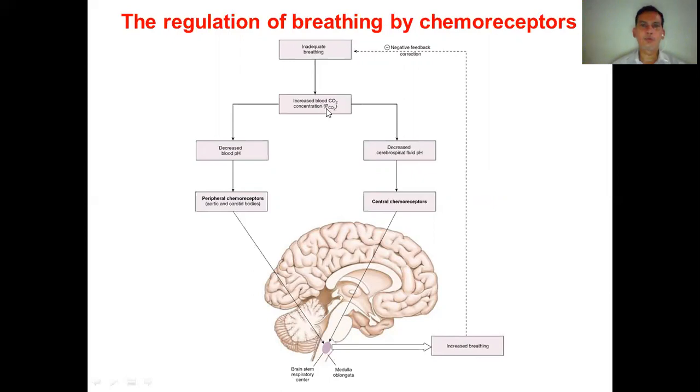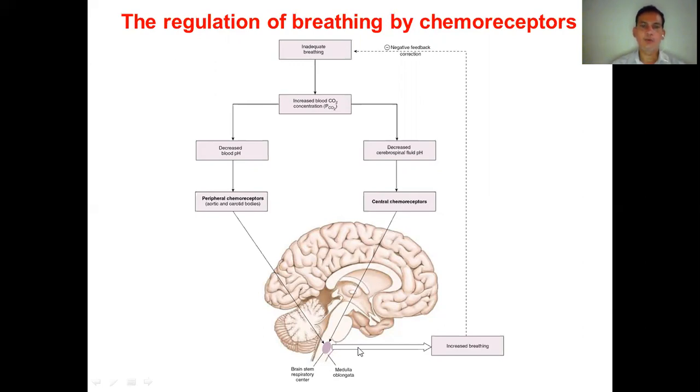Another process could be that this increase in CO2 leads to a decrease in the cerebrospinal fluid pH. Now, because of the decrease in cerebrospinal fluid pH, again the central chemoreceptors will be activated. These central chemoreceptors will again sense and send a message to the medulla oblongata.